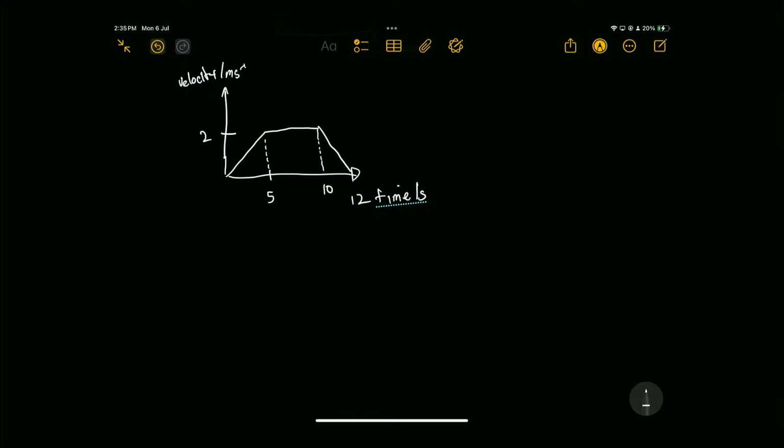So determine the distance, displacement after 5 seconds.